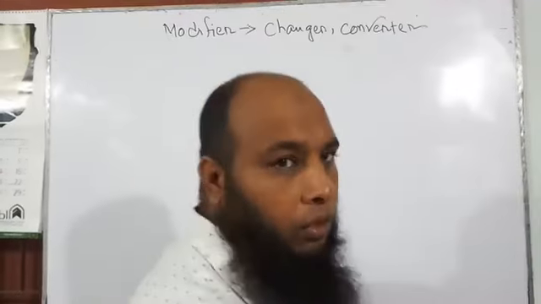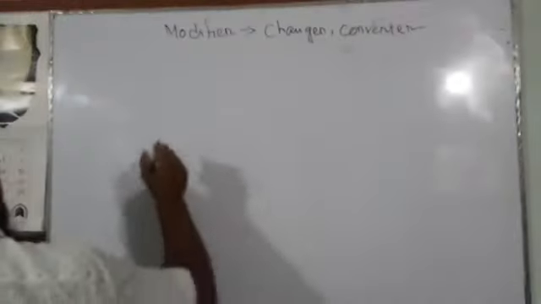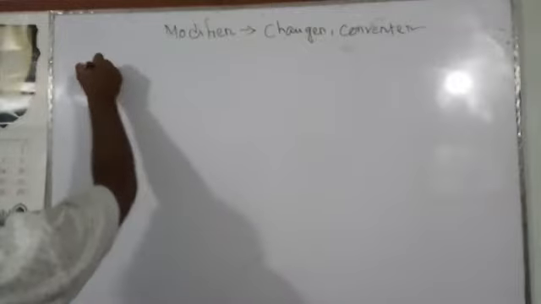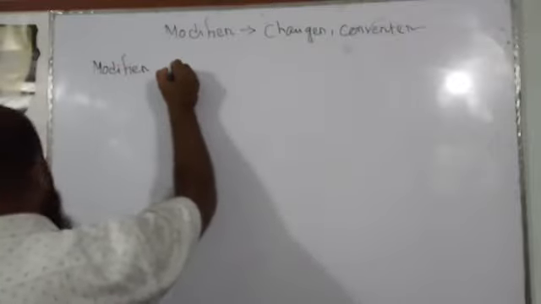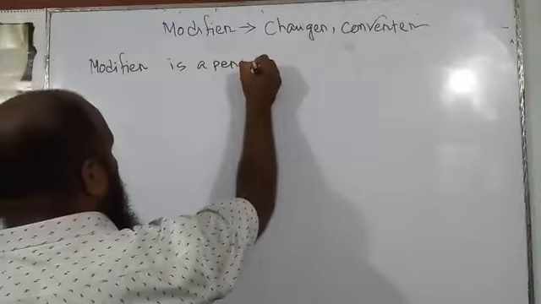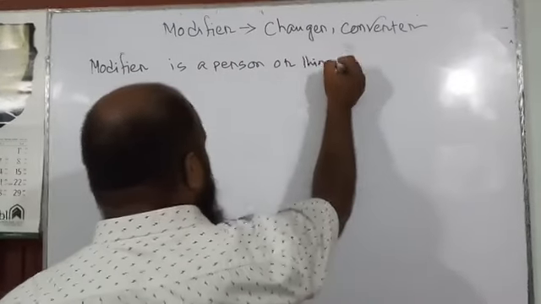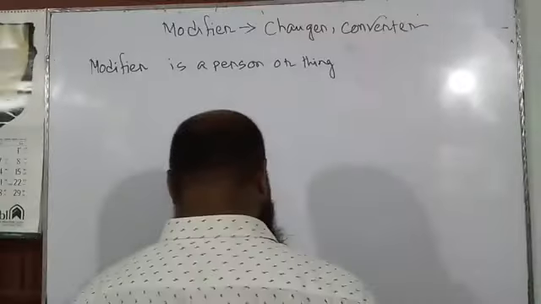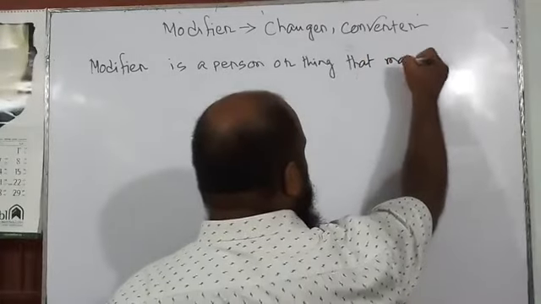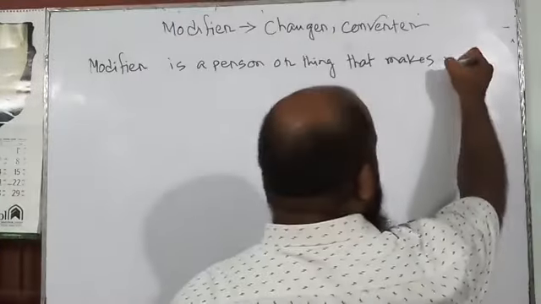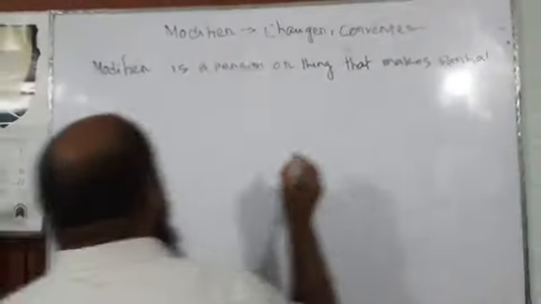What is modifier? Okay, write it. A modifier is a person or thing that makes partial or minor changes to something.